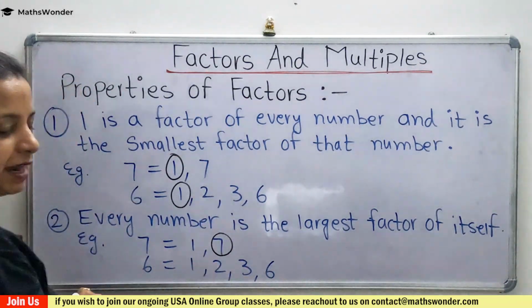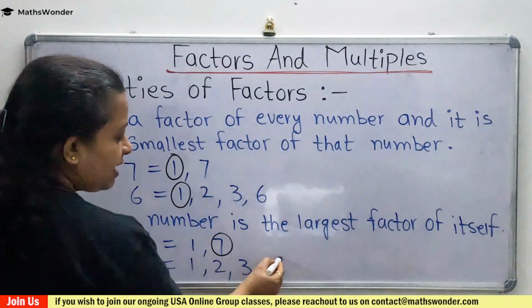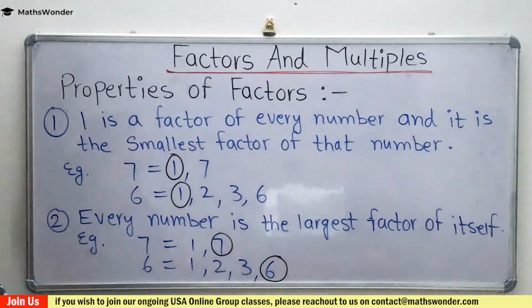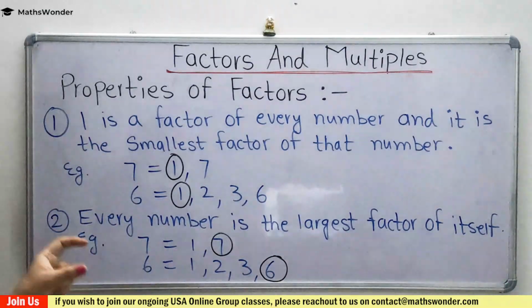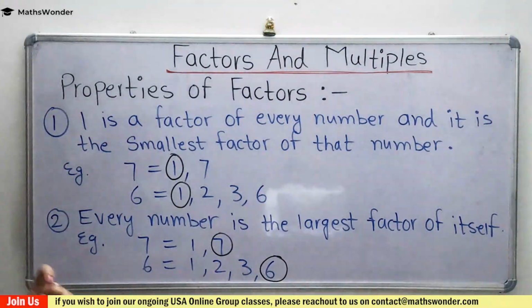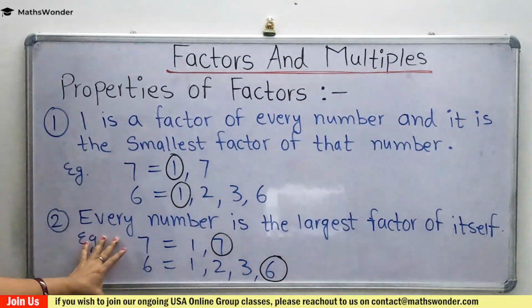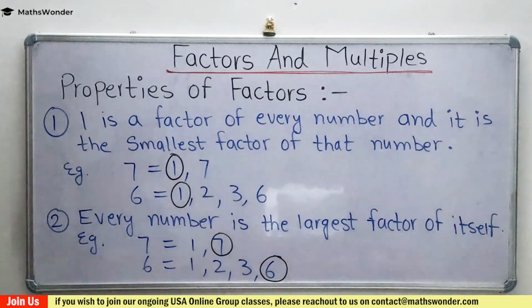Means if you find the factors of 7, you will get 7 as the highest factor. If you find the factors of 6, then you will get 6 as the highest. 6 is the largest factor of that number. Understood the concept? So these two properties are for the smallest and largest. 1 will always be the smallest factor of that number, and every number is the largest factor of itself.